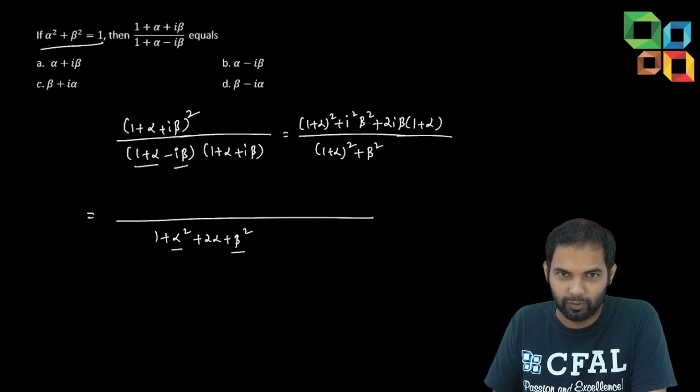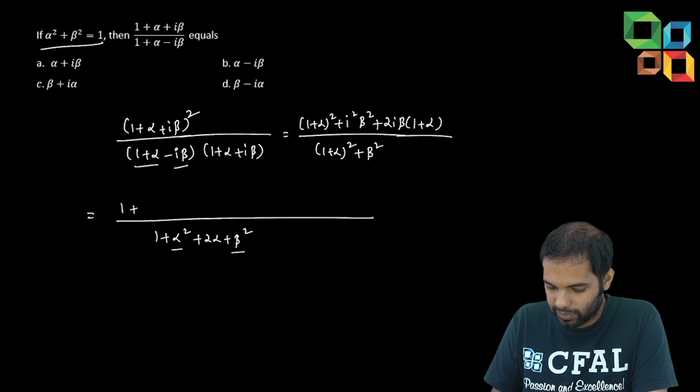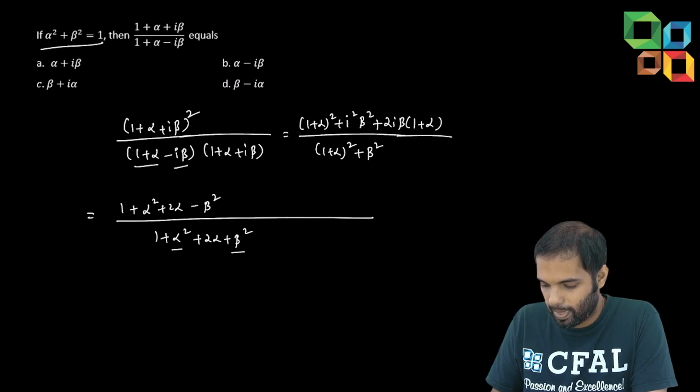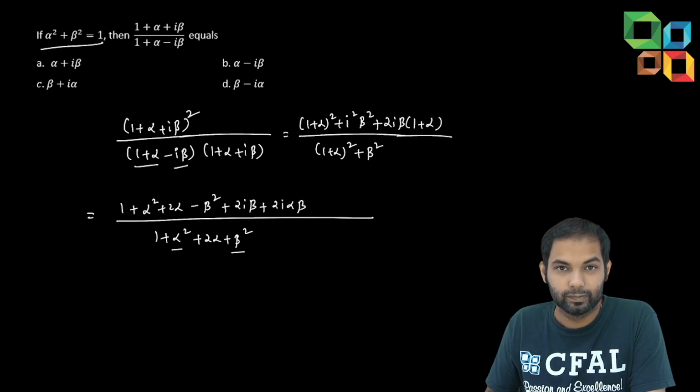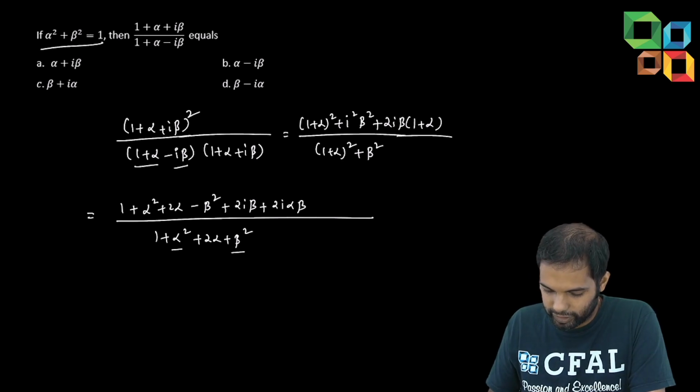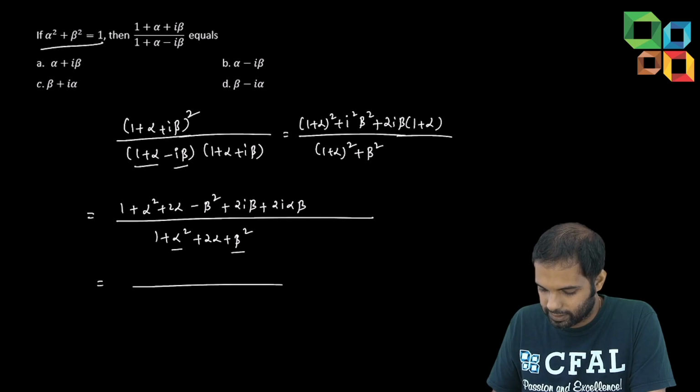Numerator also we'll try to simplify first. So 1 square plus α square plus 2α. i square is nothing but minus 1, so minus β square plus 2iβ plus 2iαβ. Right? So the denominator is, this is 1 plus 1, so it will be 2 plus 2α.